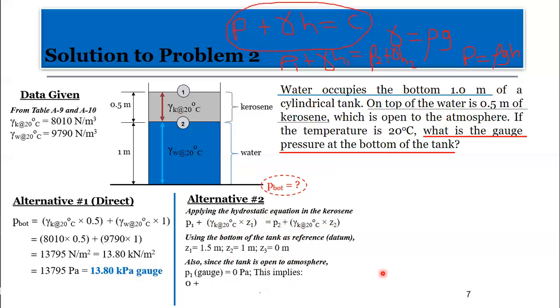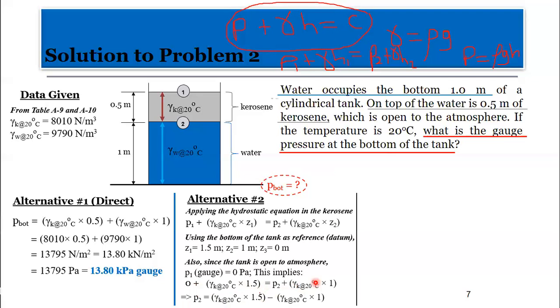So this implies that P1, here we are taking one after the other, plus gamma K times 1.5, is equal to P2. And remember, we've estimated these values already, gamma K and that. So my P2 is basically this, if I make P2 the subject here.